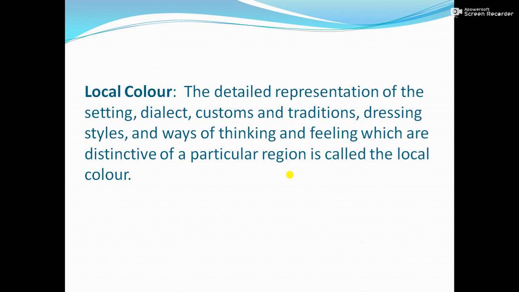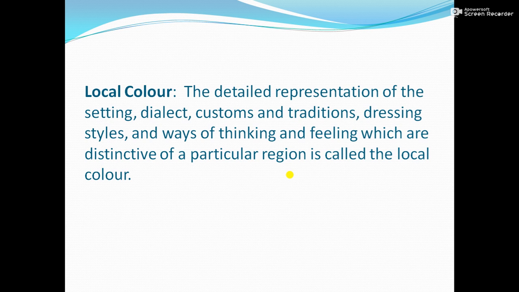Even festivals like Ganeshotsav are celebrated slightly differently in different parts of Maharashtra, right? And again, in the remote parts, the customs and traditions can be different. So the customs and traditions followed in a particular region become an important part of local color.